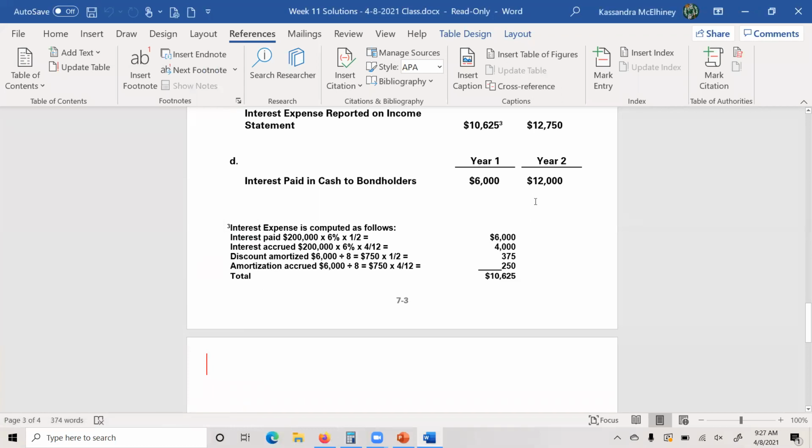And then year 2 through year 8 would be the same. And then in year 9, there would be the other half. There'd be just one interest payment and then the principal. That'd be March 1st, year 9.